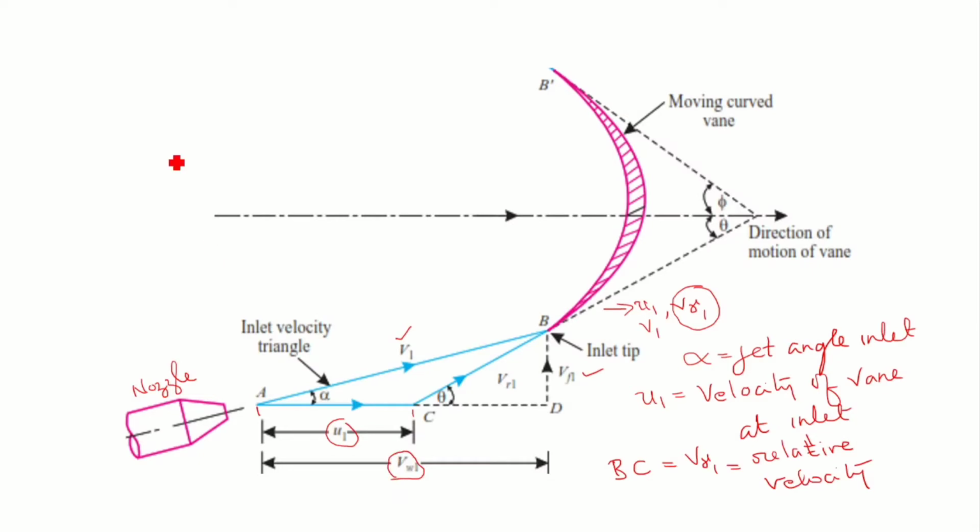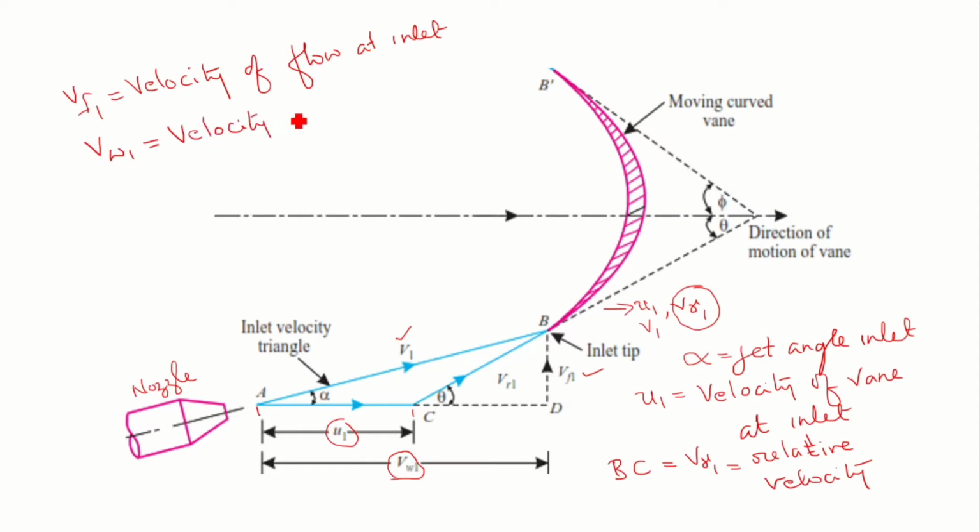Vf1 means velocity of flow at inlet. And Vw1 is the velocity of whirl, or whirl velocity.